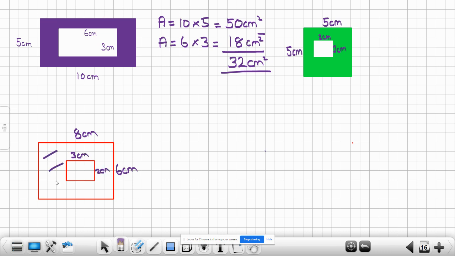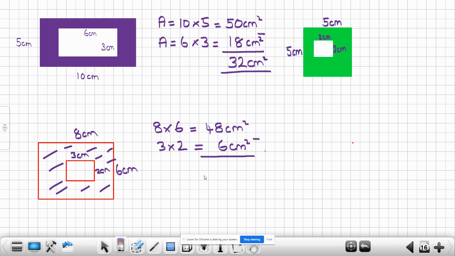So if I want this space, then I'm just going to say it's 8 times 6, which is 48, and that's the area of the big rectangle, but it's got this small rectangle missing from it, which is 3 by 2, which is 6. I'm going to take that away, and I'm left with 42 square centimetres, and that is the answer.